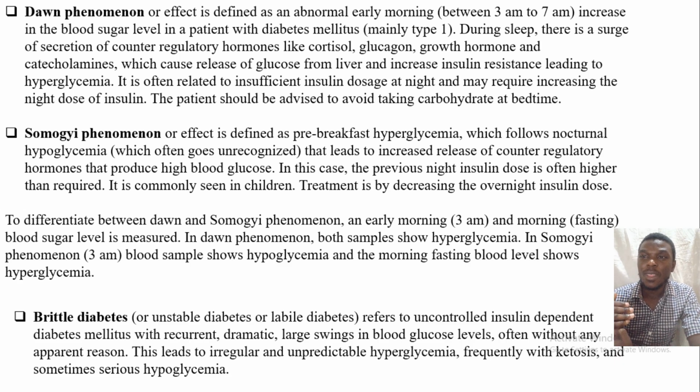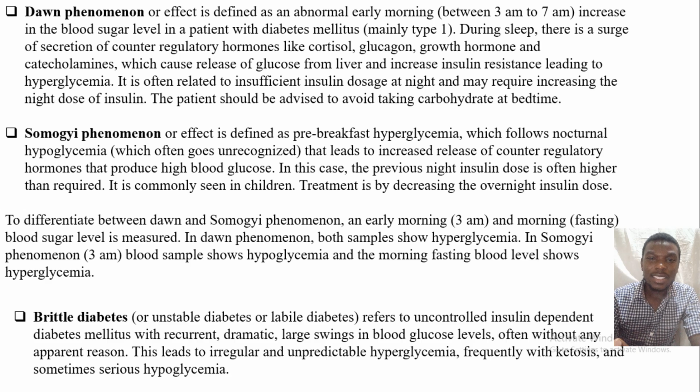So the body is just trying to have enough supply of glucose, but these patients have poor control of glucose. As a result, they end up with hyperglycemia, waking up in the morning with high glucose levels.